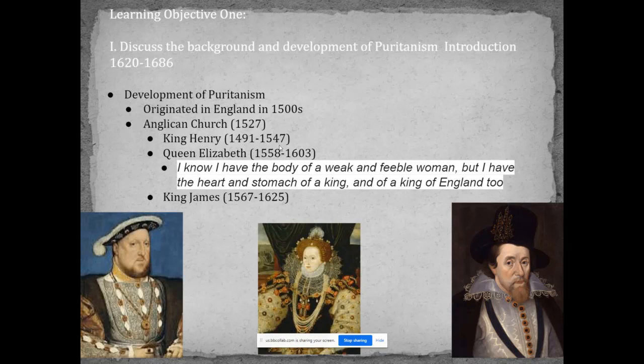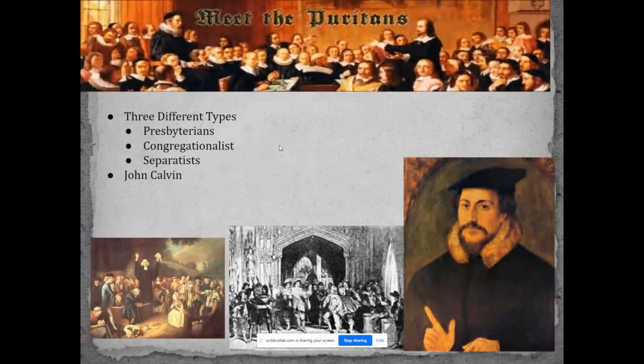And more than that, they're going to take action based on their propensity to question, right? And so out of this Puritan movement, you're going to have three different types, and I don't have to get into the details, they are in the lecture, but you have the Presbyterians, which is more of a centralized form of a religion, like they have a central church.